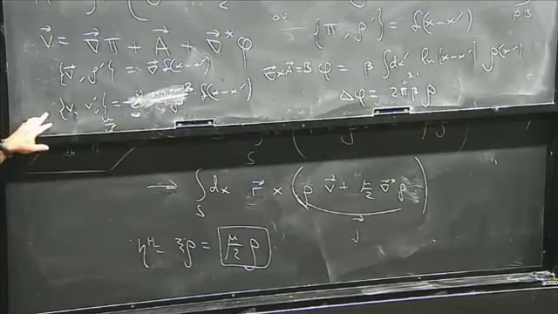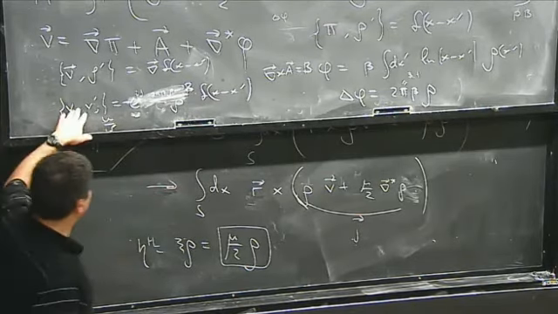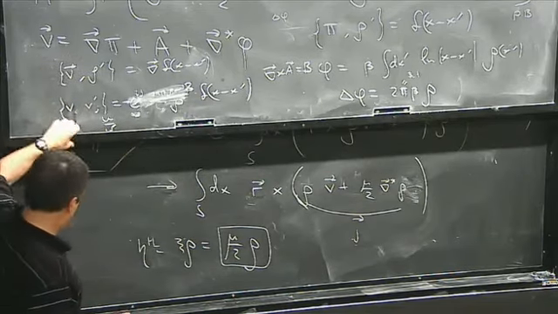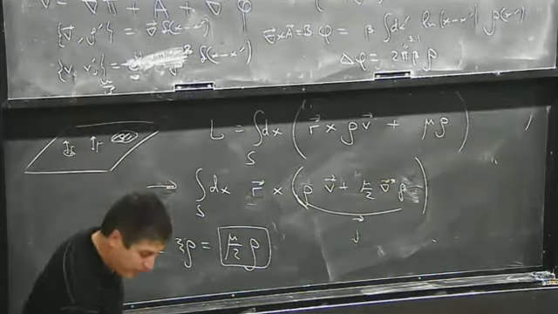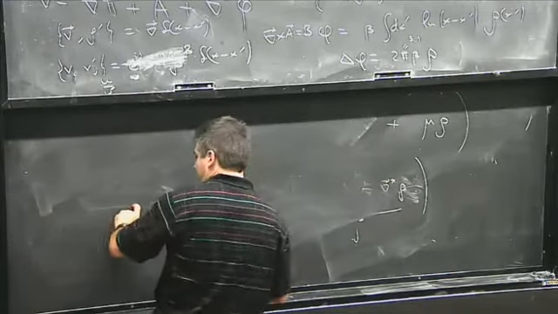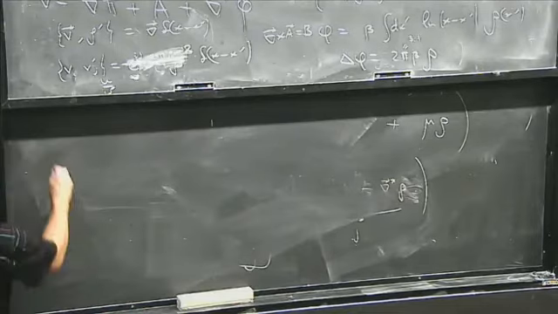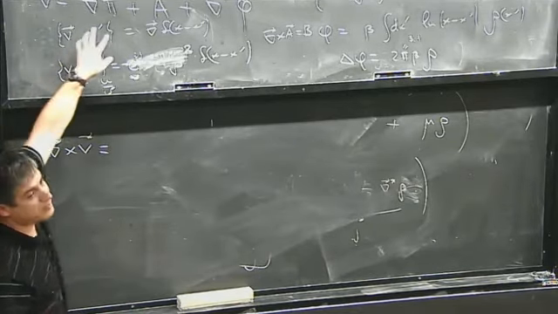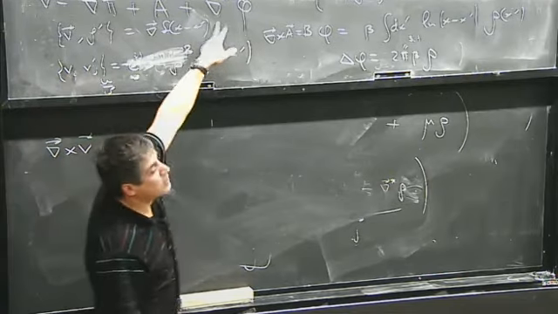So this relation is quite interesting. It basically tells you that V is not an independent field anymore, but has the following properties: if I take the curl of V, then the curl of the first term is 0, and the curl of this term is density.